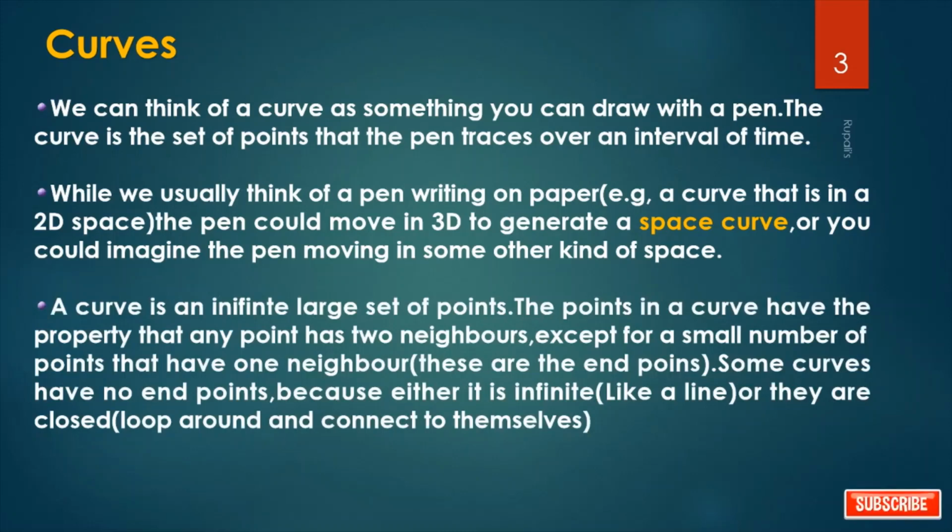The points in a curve have the property that any point has two neighbors, except for a small number of points that have one neighbor. These are the endpoints. Some curves have no endpoints because either they are infinite, like a line, or they are closed, like a loop, and loop around and connect themselves.